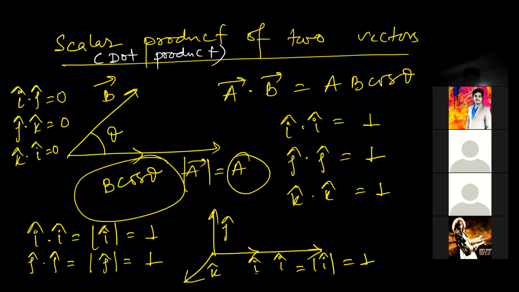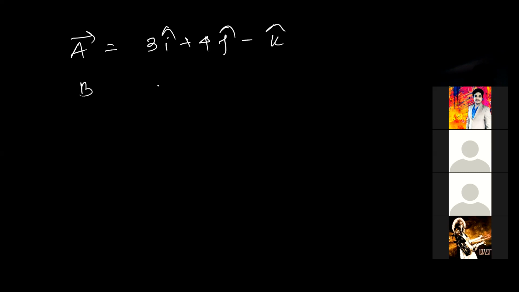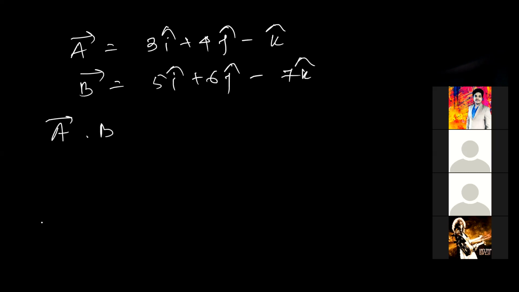Now, is it written, everyone? Okay. Now let's see some examples to understand the dot product. Suppose vector A equals 3i cap plus 4j cap minus k cap, and vector B equals 5i cap plus 6j cap minus 7k cap, and you have to find the dot product of the two vectors.